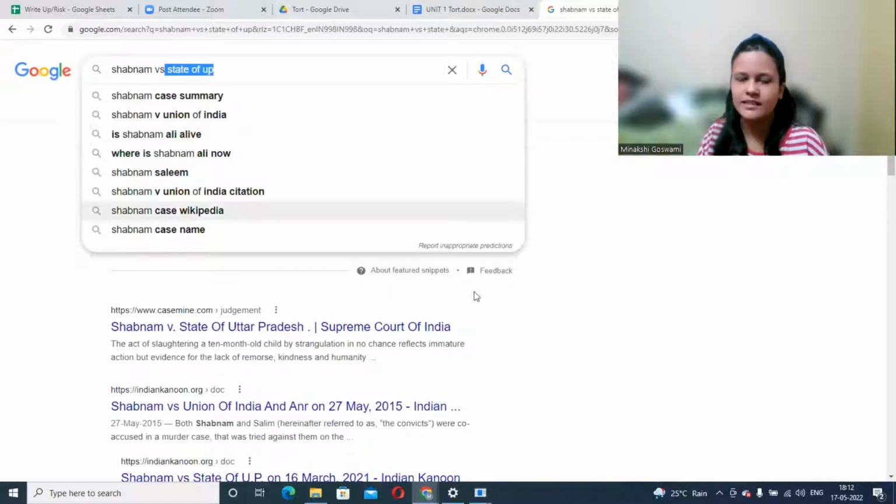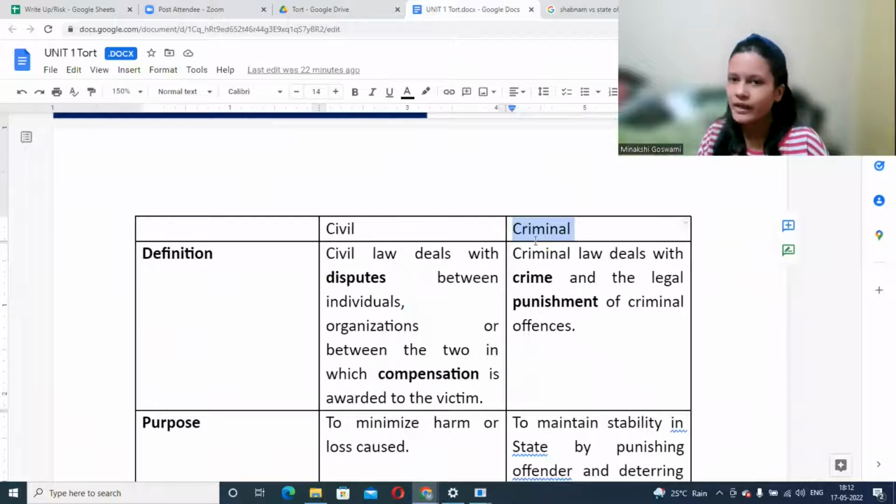In most criminal cases you would see State of so and so, or Union of India in case of the central government. That is also a way to identify civil versus criminal in most cases. Sometimes in civil also you get the state, but mostly that is what a crime is, which is more severe. It is as if you are committing a crime against the entire society.